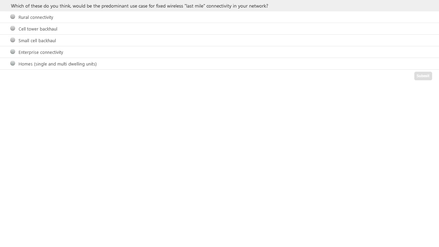And so rural connectivity, Rajesh went through these different options on the last slide: rural connectivity, cell tower backhaul, small cell backhaul, enterprise connectivity, or homes, which could be either a single-family home or a multi-dwelling unit, depending on where geographically those are located.